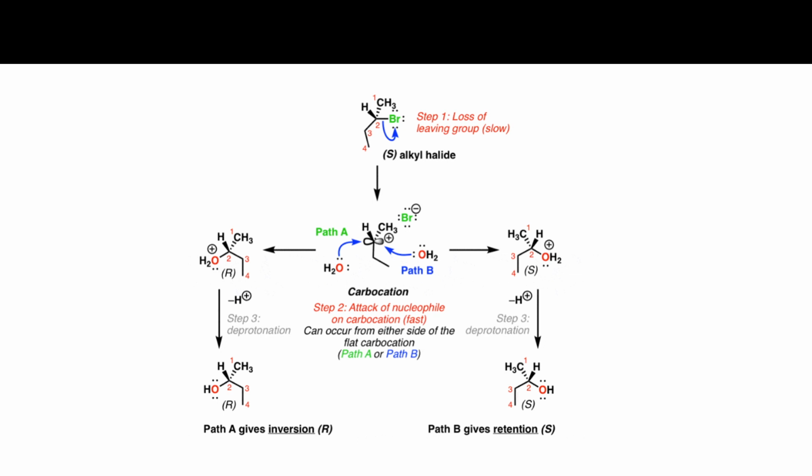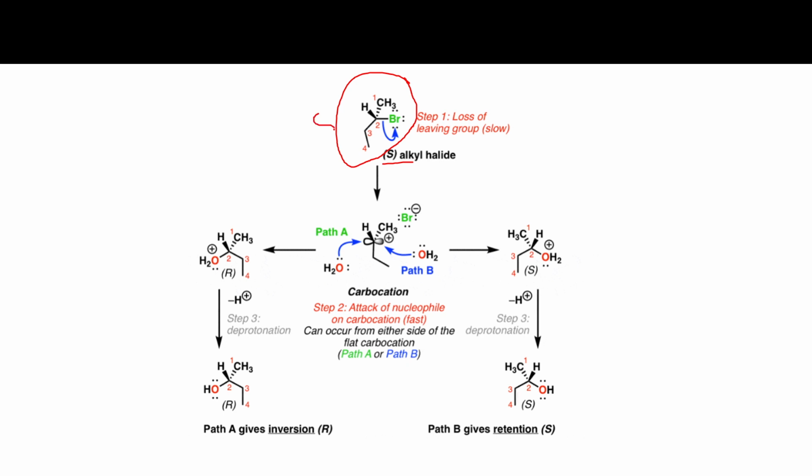Now I am showing how this SN1 type of reaction goes. Here this is your substrate, and it has a stereocenter, so let us assign the RS nomenclature.